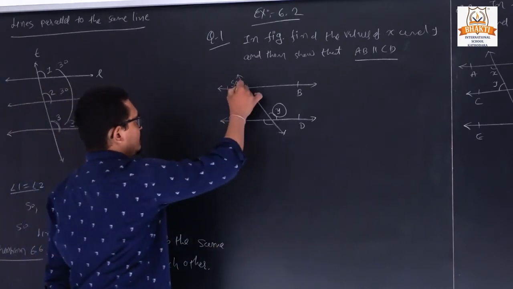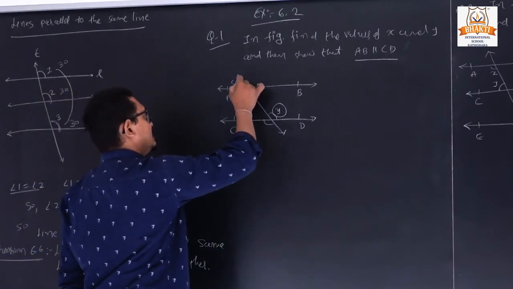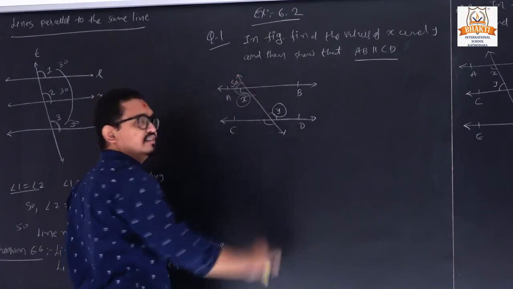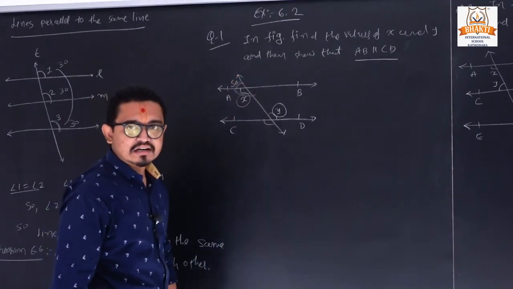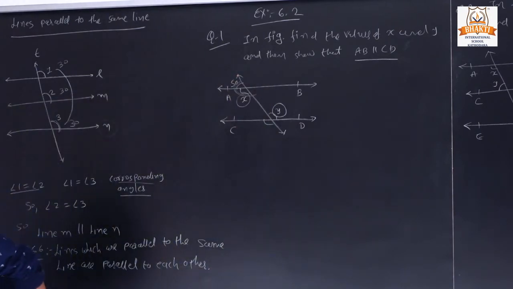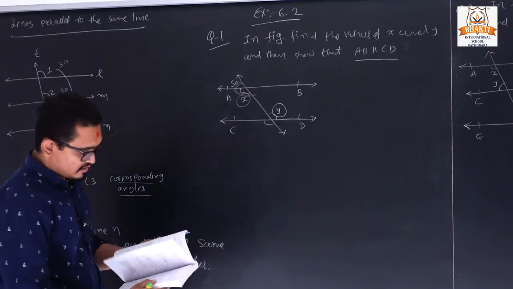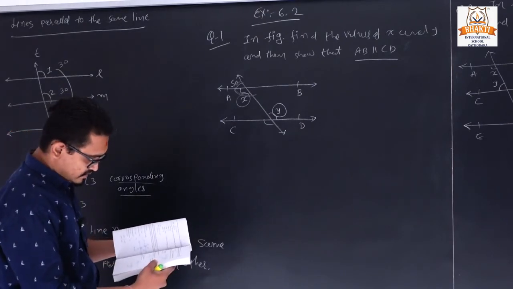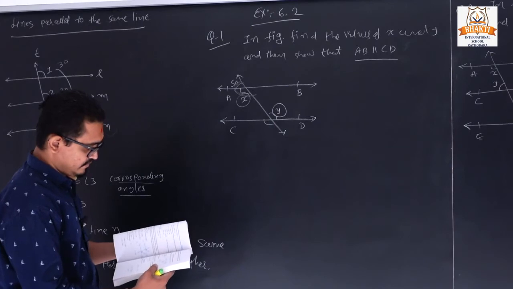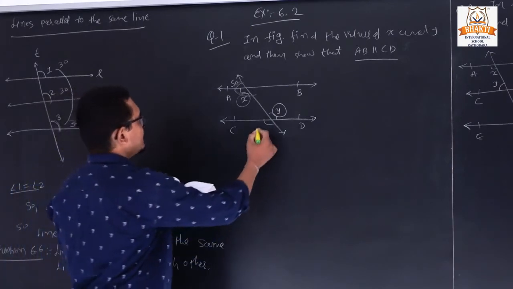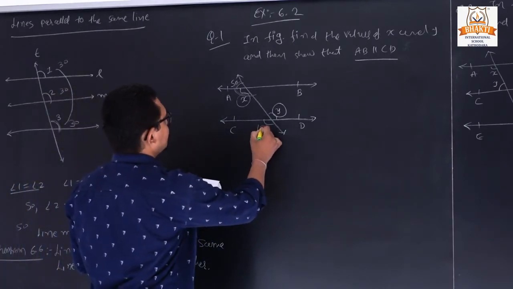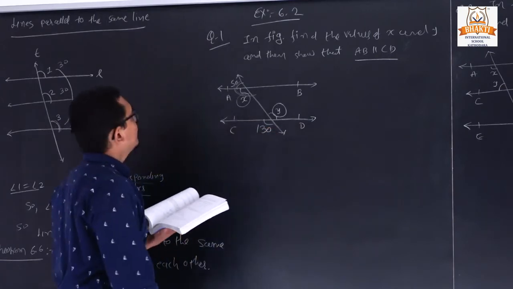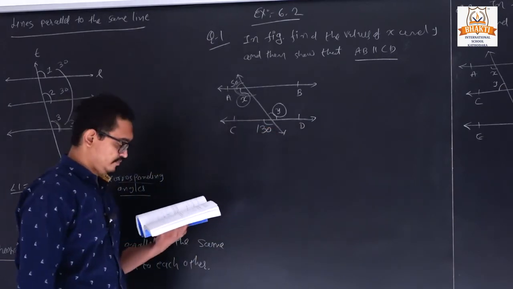These both angles are a linear pair. The name is not given here, but this angle is given as 130 degrees and this is 50 degrees.